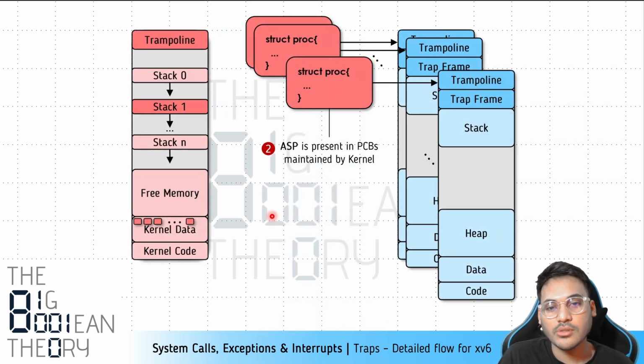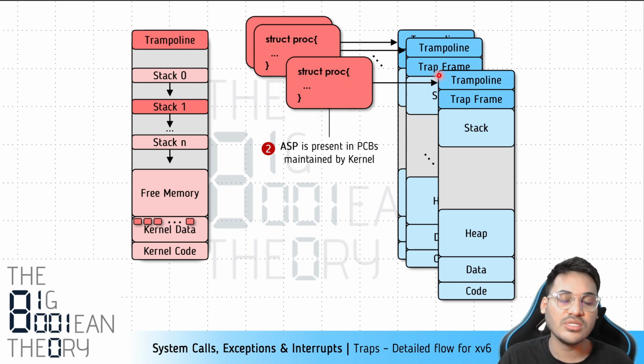Why? Because the very reason we save any value is that we will need it when we are about to return from the kernel to the user process. But in this case, the kernel data has the process list, which contains all the process control blocks, and the process control block already has the value of the address space pointer. If you remember, the address space pointer contains all the relevant information necessary to describe a process.